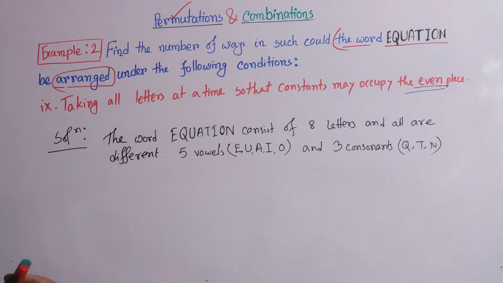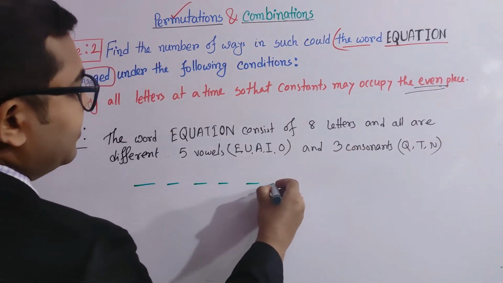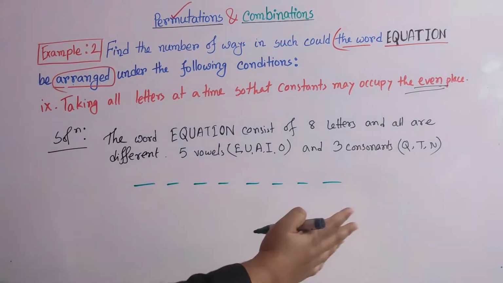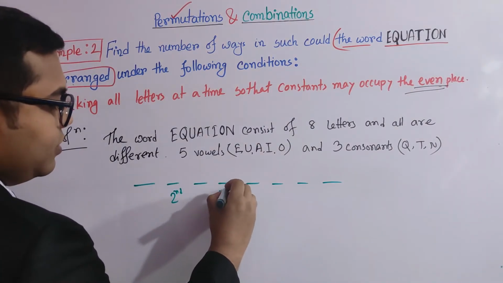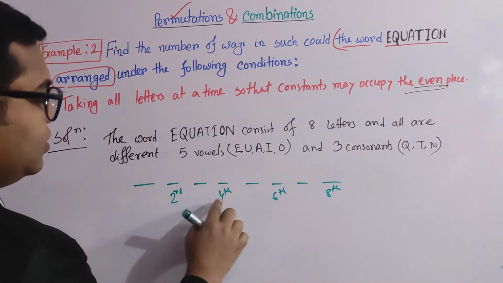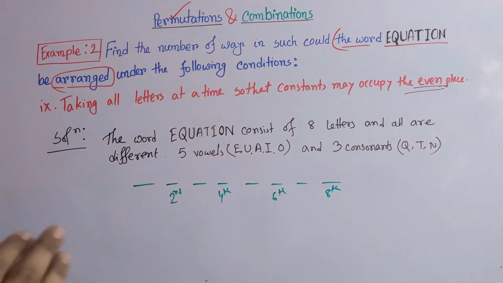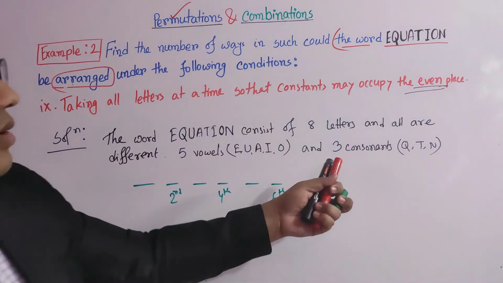There are actually 8 places, 1 2 3 4 5 6 7 8, and in these 8 places the second place, the 4th, 6th and 8th are even. So there are 4 even places, and in these 4 even places we can put these 3 consonants.